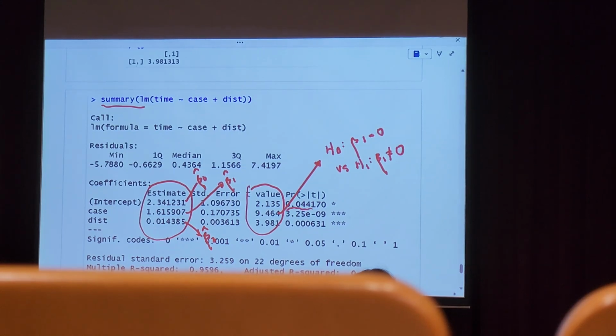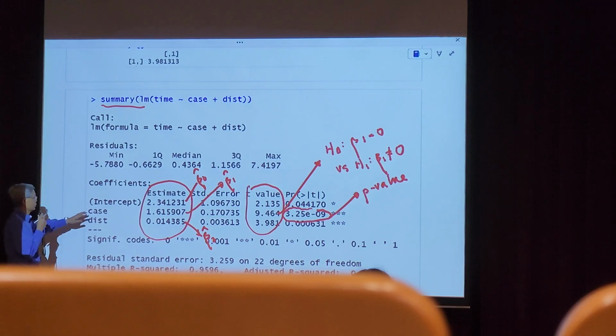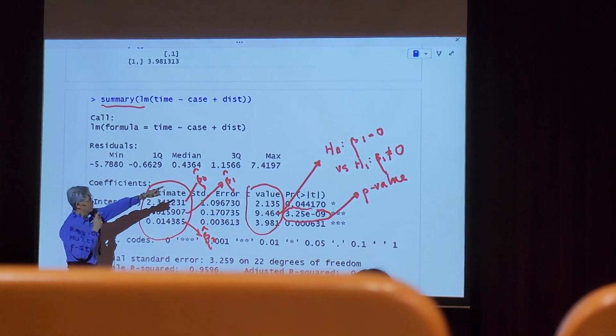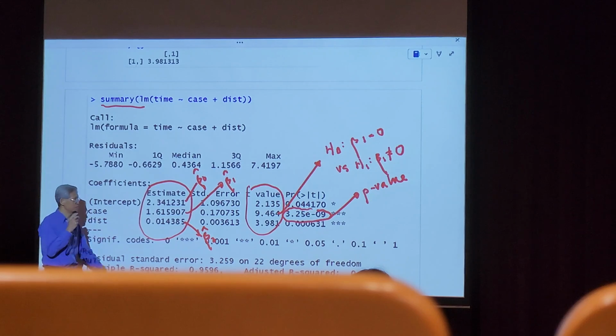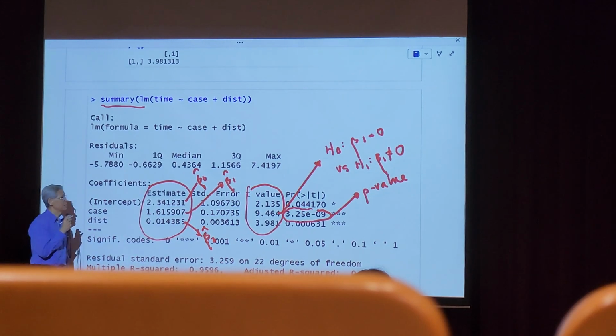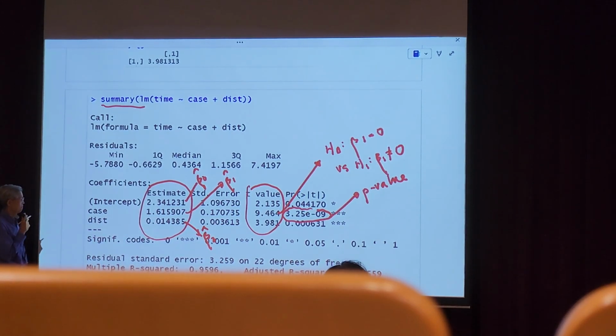And that is the p value. So the p value in this case is very small, close to 0. So from this test, I know that I will reject H0 and say that there's evidence that beta 1 is different from 0.